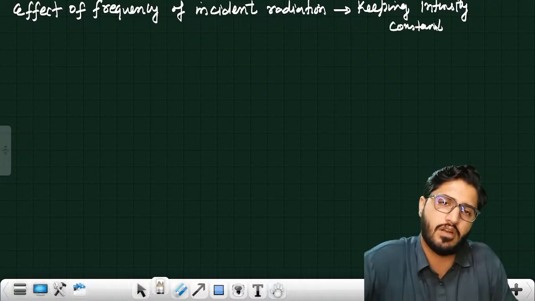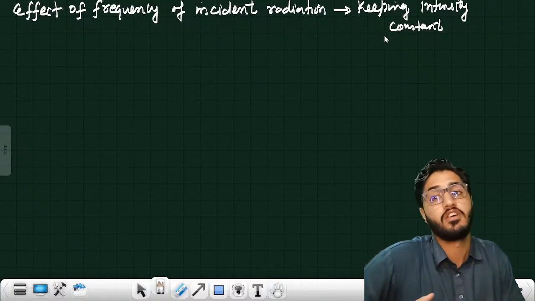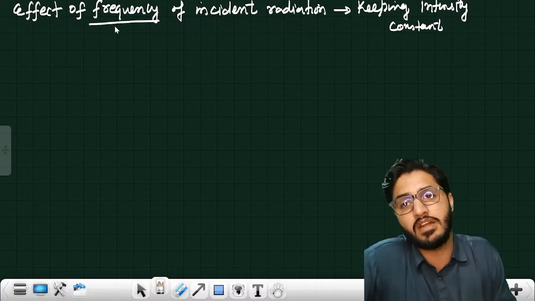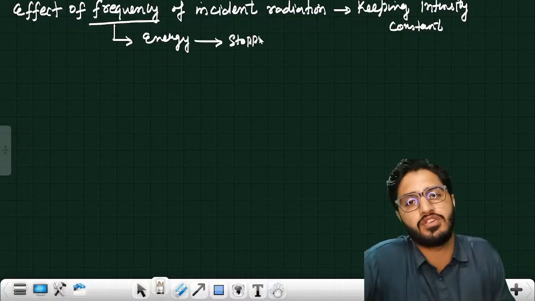That means the number of photons striking per second is constant, but there is an increment in the frequency. If there is an increment in frequency, you will write energy increases. If energy increases, you will write that you need to have more stopping potential.